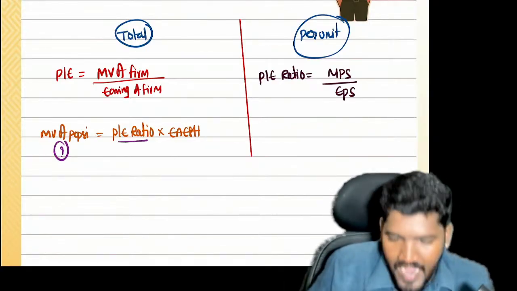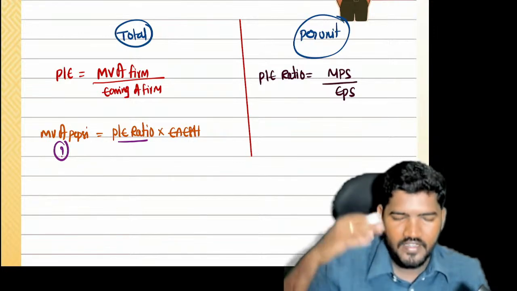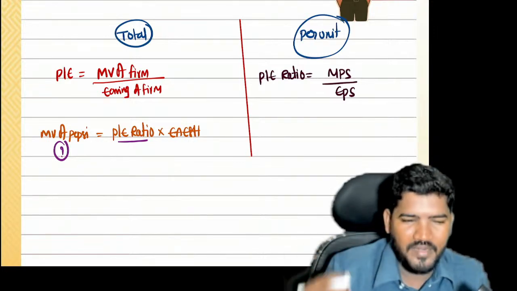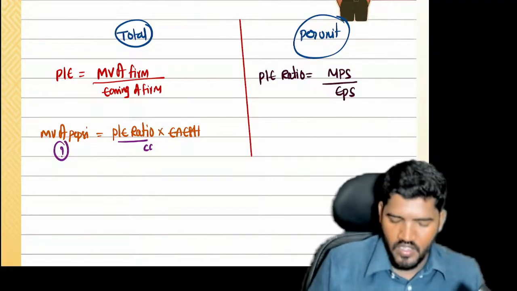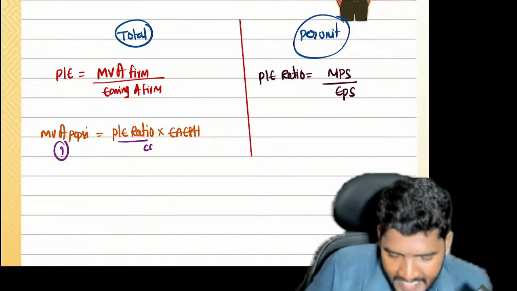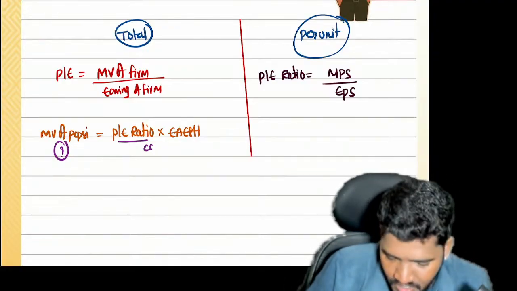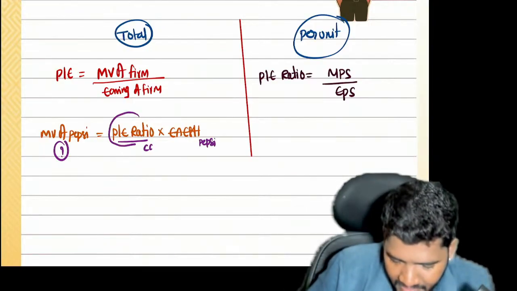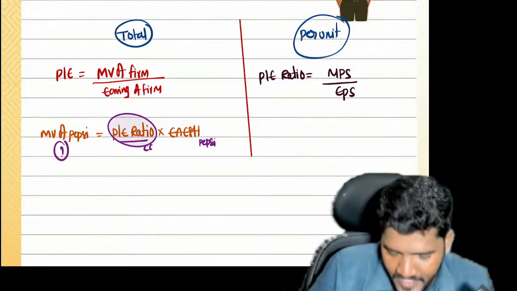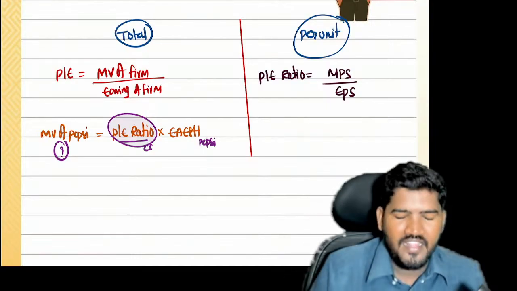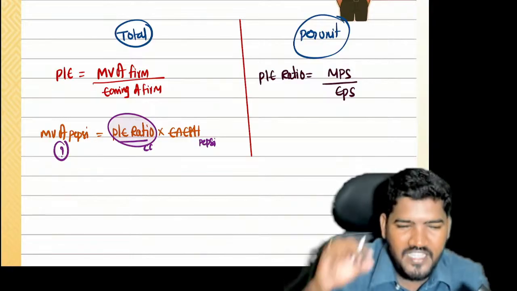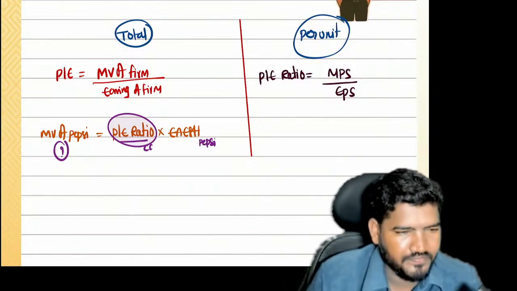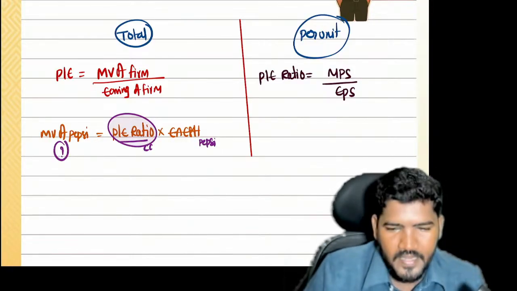I don't have this PE ratio, so I will take it from my similar company, that is, the Camp Cola PE ratio. The earnings are my own company's, so this is Pepsi. Only now do I consider multiples or ratios from my similar company for the purpose of valuation. That is called company comparable multiples. This ratio is also known as a multiple. Guys, clear? Done.